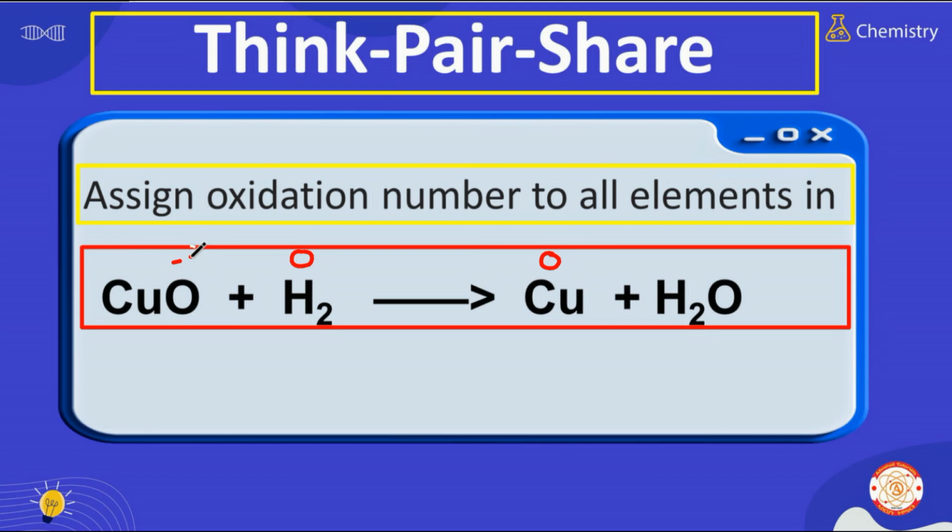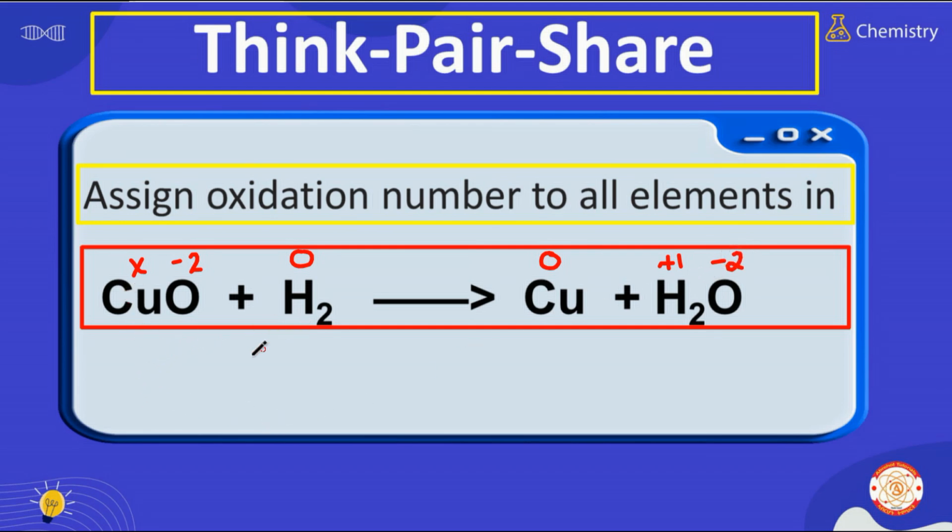It is -2. The oxidation state of copper, because we don't know it, I will assign X. And then what is the oxidation state of hydrogen in this case? +1. And the oxidation state of oxygen is -2.